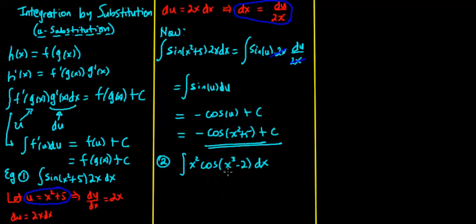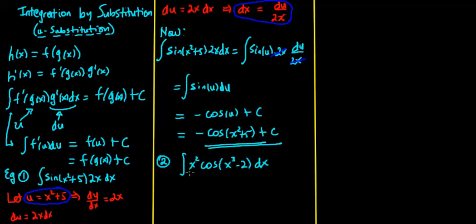Here I have a chain of two functions, cosine of x cubed minus 2. The inside function is x cubed minus 2. If you differentiate x cubed minus 2, you get 3 times x squared. And I don't see 3 times x squared sitting next to dx in here. However, I have an x squared. So the only thing missing is the constant 3.